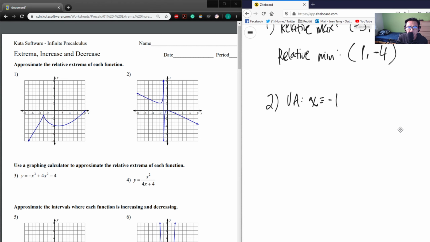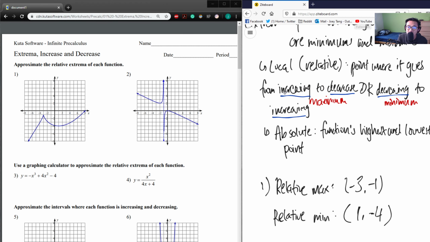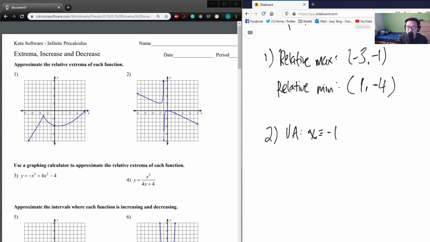But what's important about this? Let's do the minimums and the maximums. When we define minimums and maximums, these are points where it's going from increasing to decreasing for a maximum, and decreasing to increasing for a minimum. So let's do the maximum first. Let's write down its relative maximum, because in this case, we don't have an absolute one.